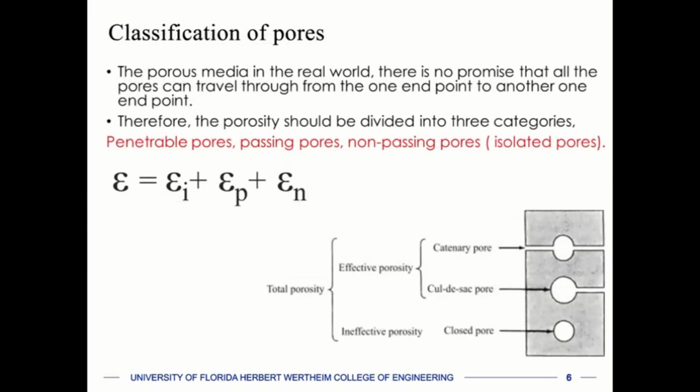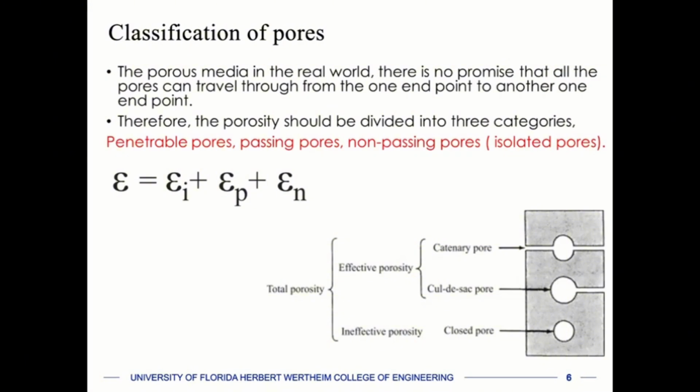In real life, when we are fabricating our porous media, it's really hard to make sure all the pores have a connection to let the fluid go in or go out. So the porosity can be divided into three categories. The first one is penetrable pores, which means this kind of pores have a connection to the outside to let the fluid go inside.